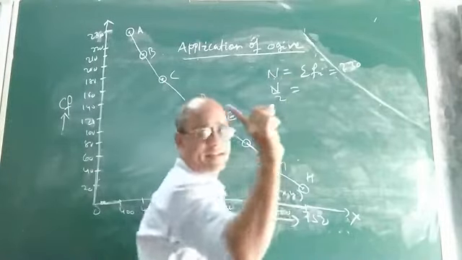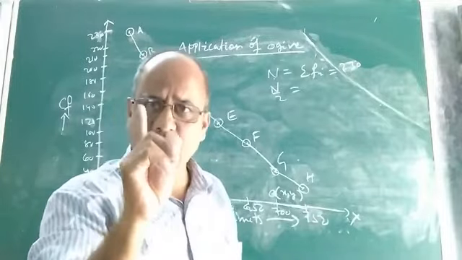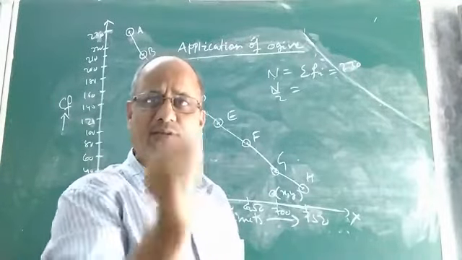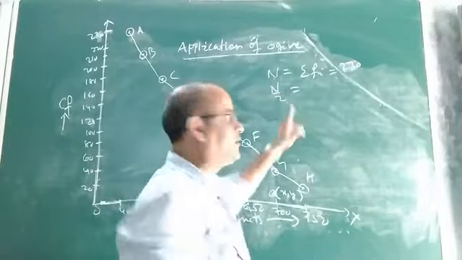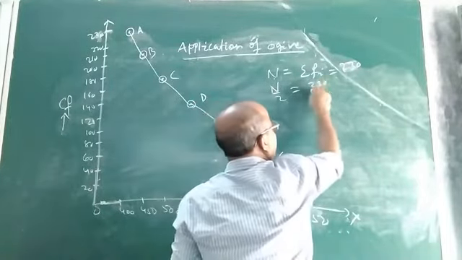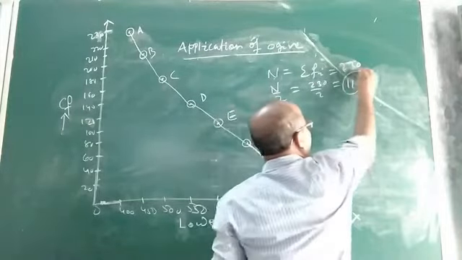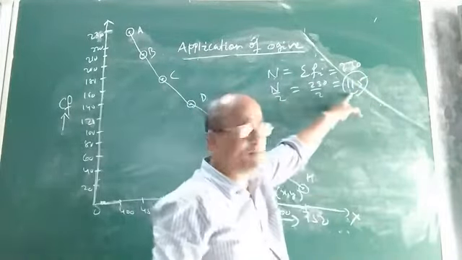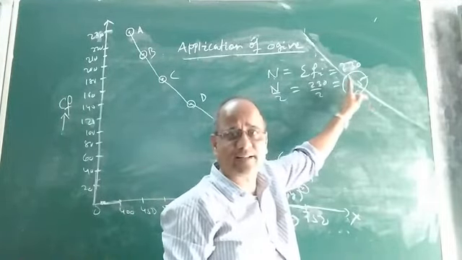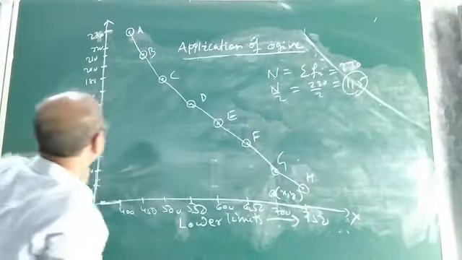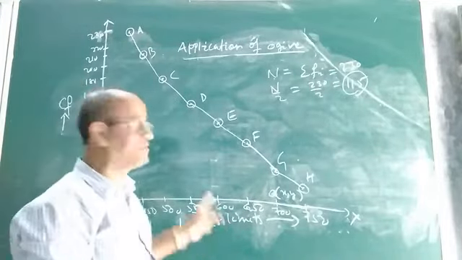The first step to find the median of the continuous frequency distribution using the ogive is to find the value of n by 2. It is 230 divided by 2, which is 115. After getting the value of n by 2, you locate this value on the y-axis, which contains only cumulative frequencies.